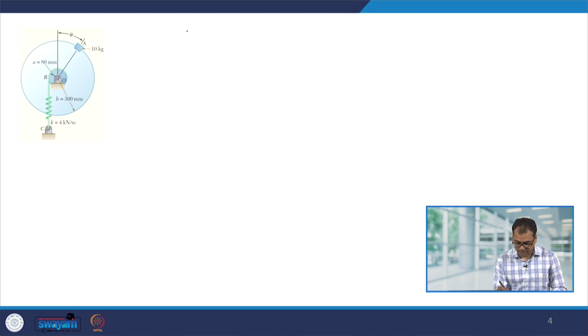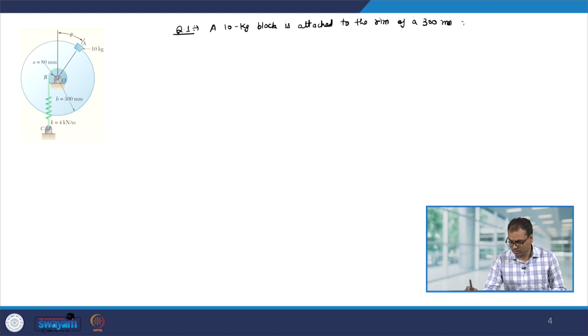So, this is the problem statement of question number 1. A 10 kg block is attached to the rim of a 300 mm radius disc as shown.